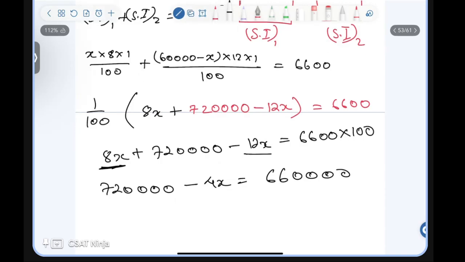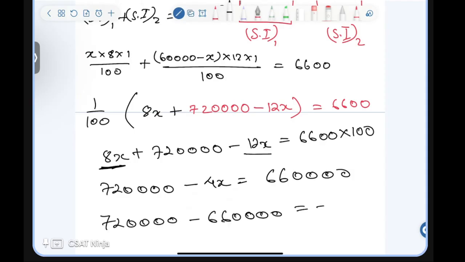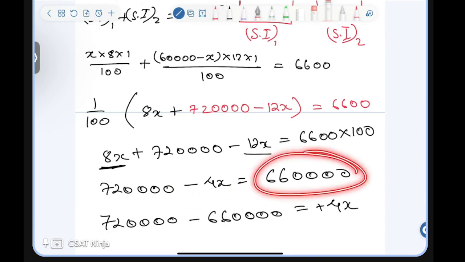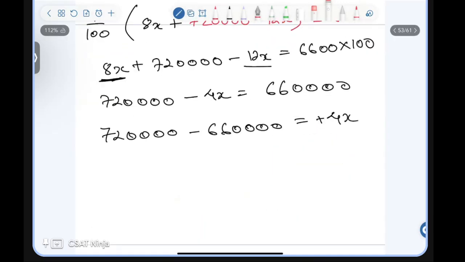If I transfer this minus 4x to the other side, it will become plus 4x. So 7,20,000 minus 6,60,000 equals 4x. That gives me 60,000, which is equal to 4x.